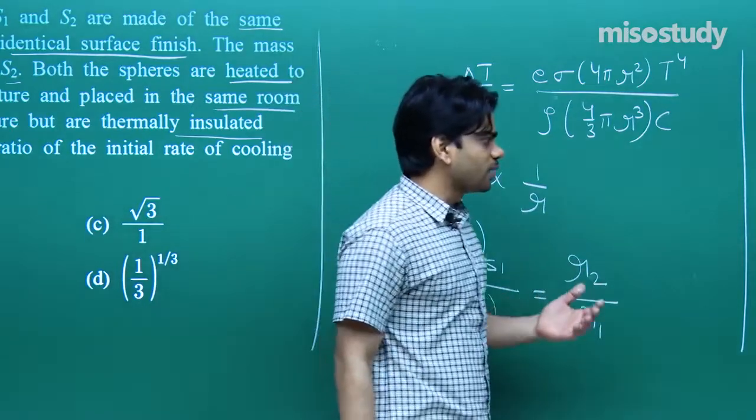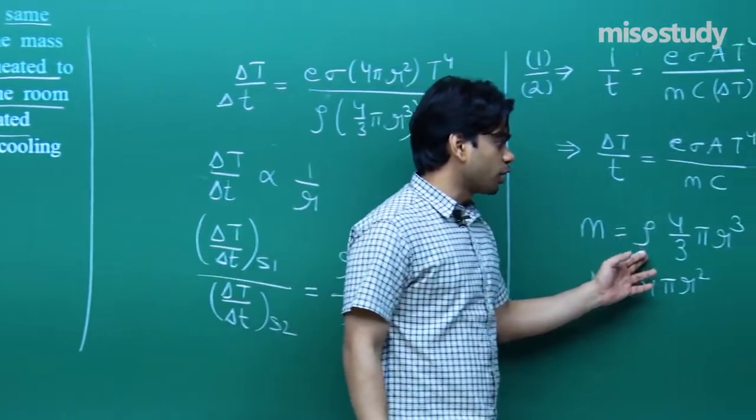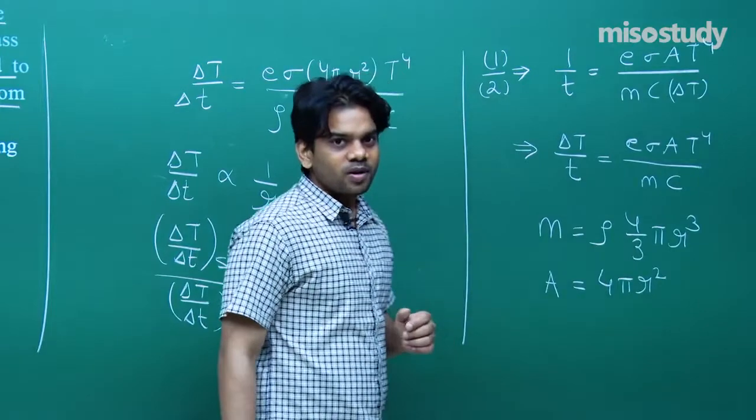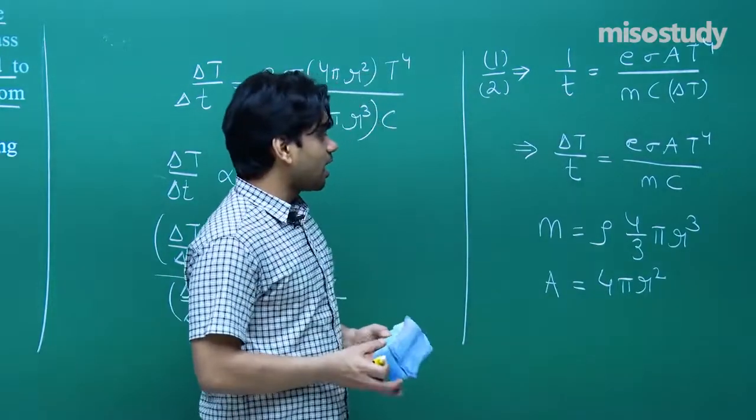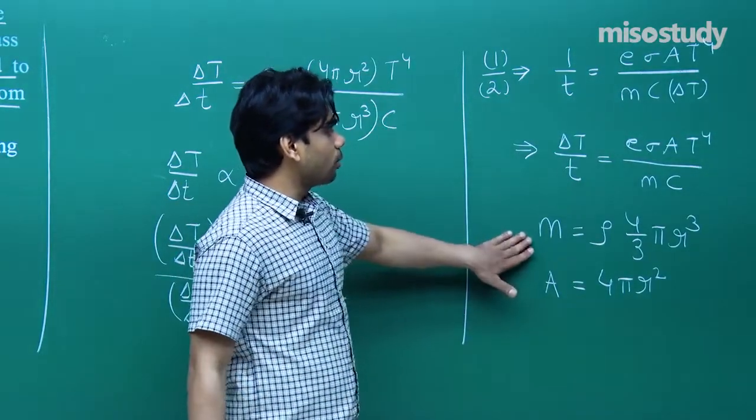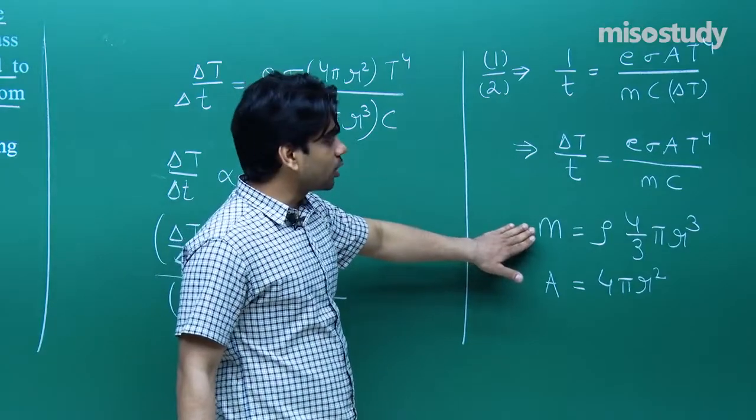Now you come here, mass equals rho into 4 by 3 pi r cube. So r cube will be proportional to m. We can write that r cube is proportional to m.